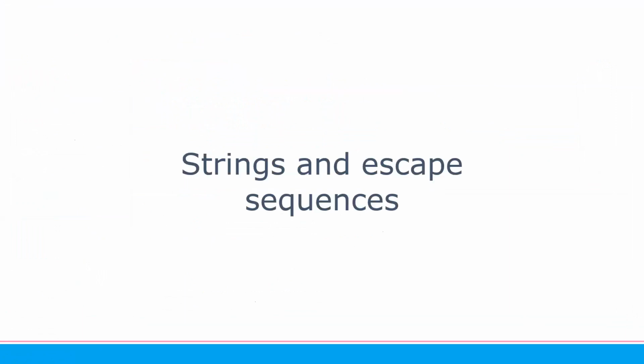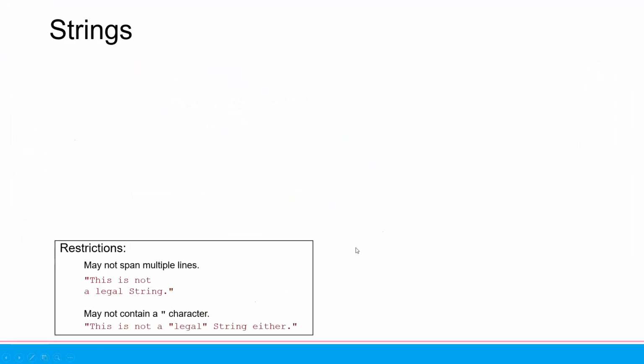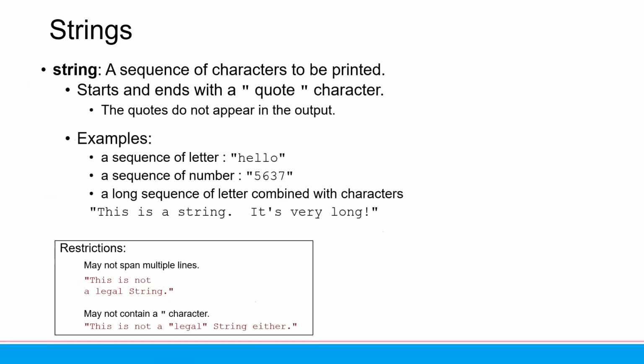Next, we need to understand about strings and escape sequences. String. What is string? By the definition, string is a sequence of characters to be printed. A sequence of characters.